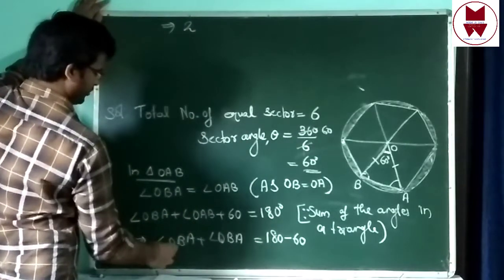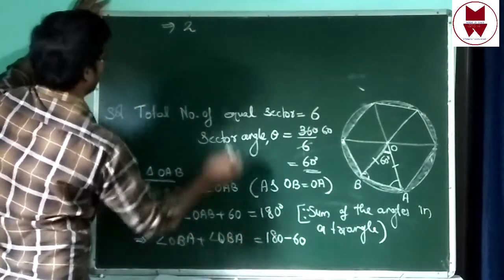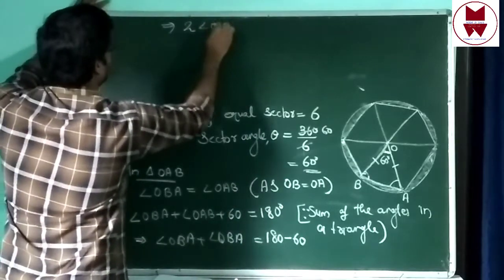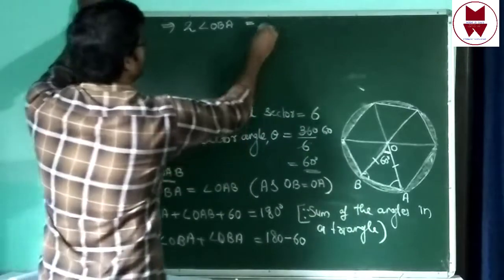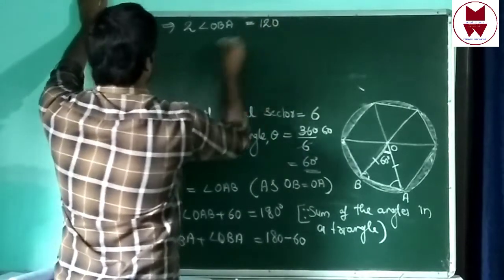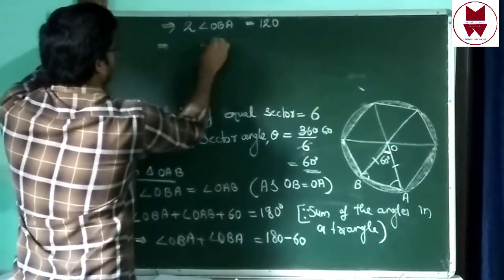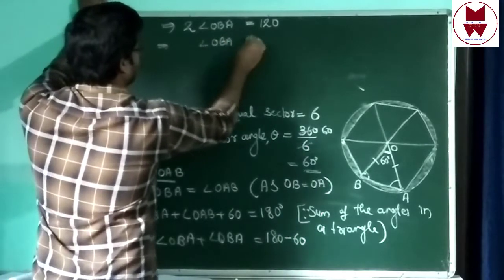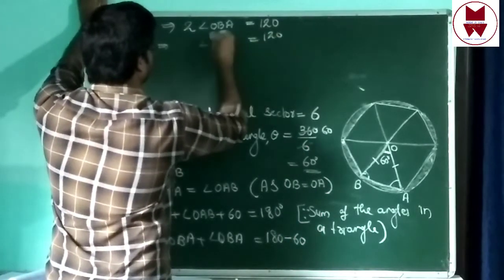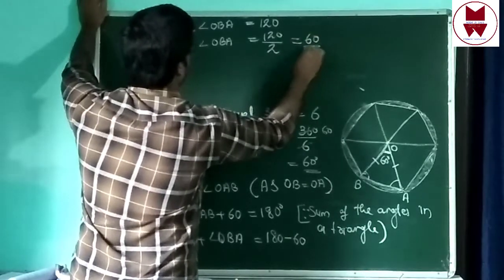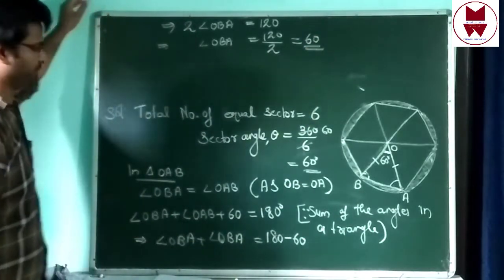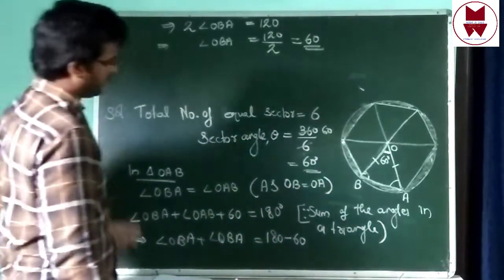Angle OBA plus angle OBA, we can write 2 angle OBA equal to 180 minus 60 is 120. Angle OBA: 2 bring to the right side, divided by 2, 120 divided by 2 is 60 degree. Now we can see all the angles are equal.